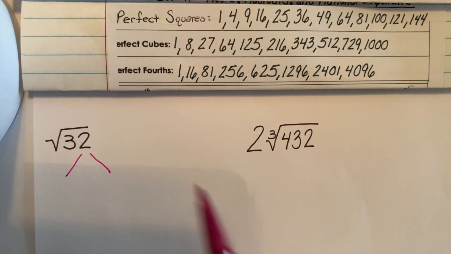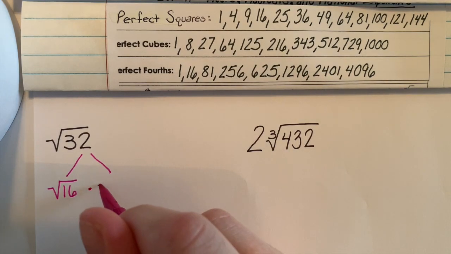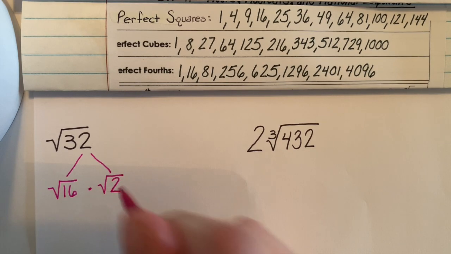Then I'm going to write it as shown below. I'm going to branch off. I'm going to write it as the square root of 16 times the square root of, and 16 times what equals 32? Well, in this case, it's 2. I have to keep the radical sign because I've not taken the radical of either number yet. Now, step 2 says take the square root of the perfect number, take it out of the radical.